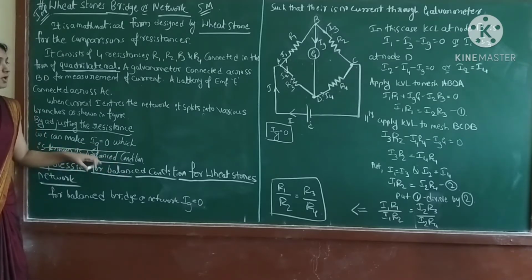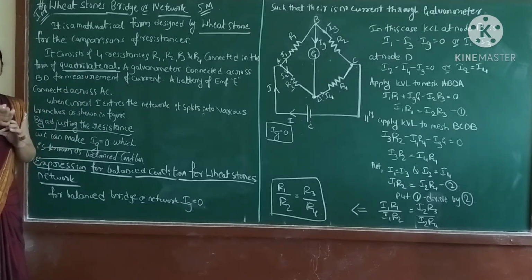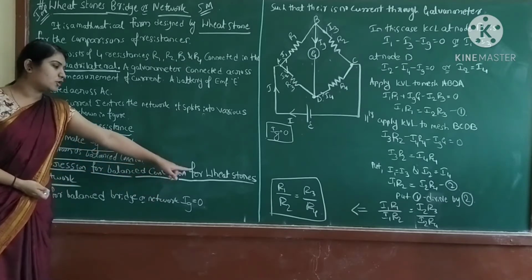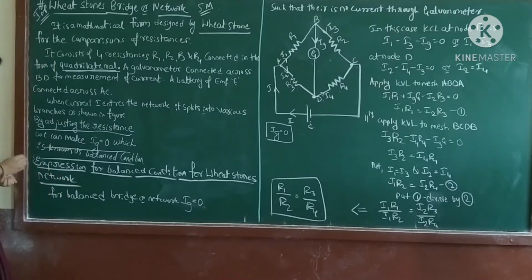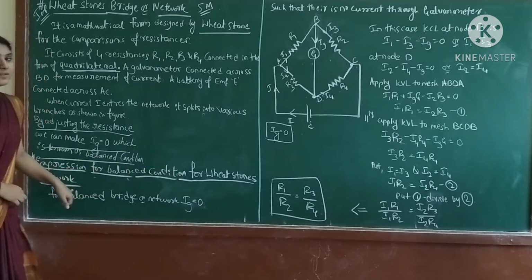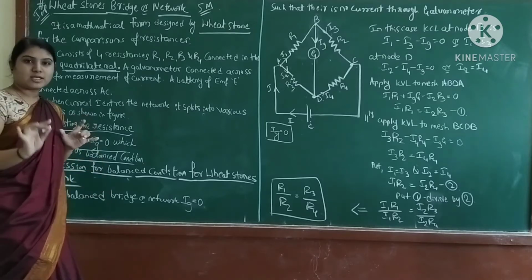So this is all about the theory part. Now we will start the derivation for that: the expression for the balanced condition for the resistance network. For the balanced bridge, we have the condition.